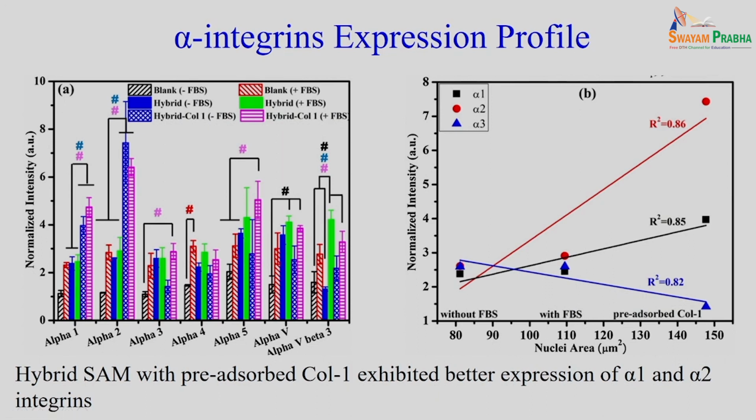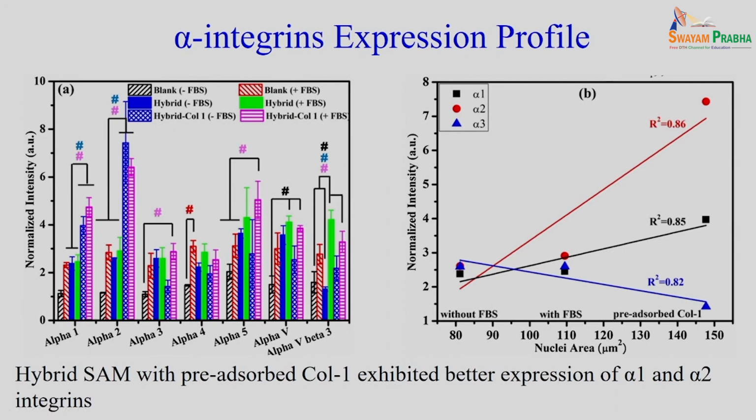What we are observing here is that whenever we see the hybrid surface pre-adsorbed with collagen, as compared with the hybrid surface when cells were incubated with FBS in the media, the expression of alpha 1 and alpha 2 is much more improved.